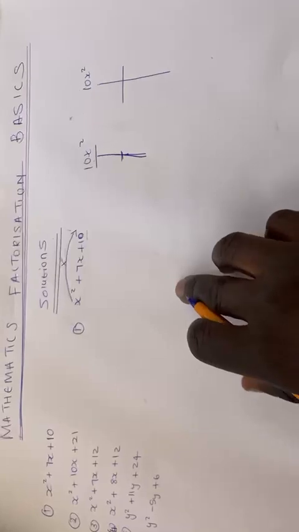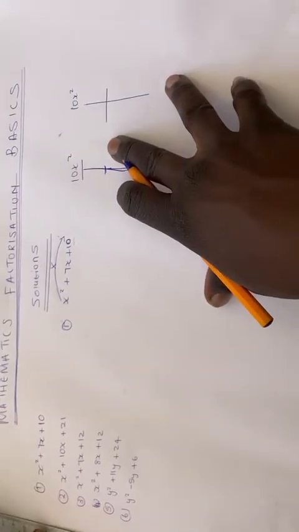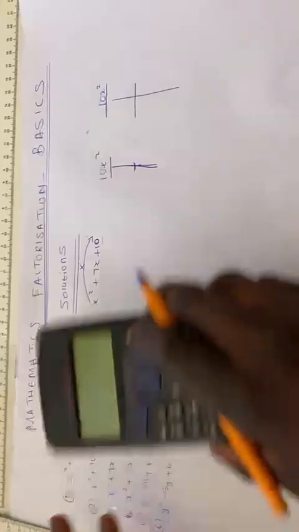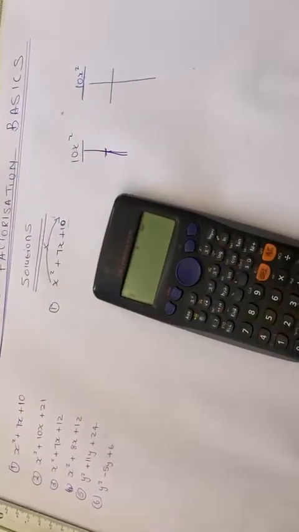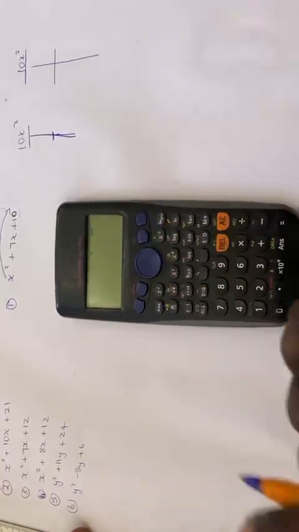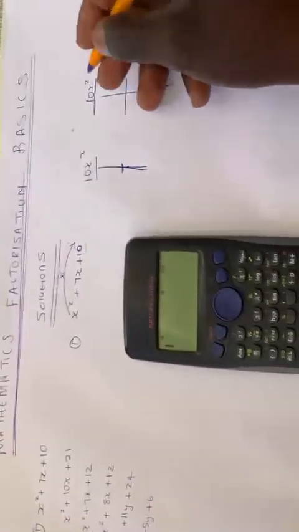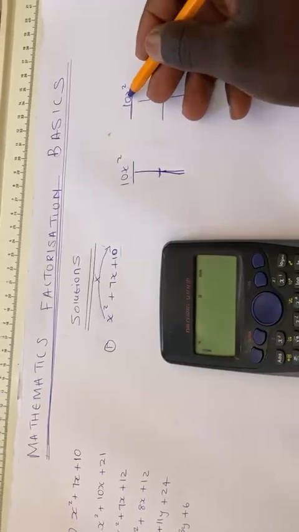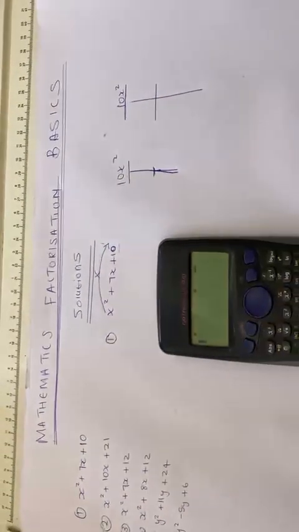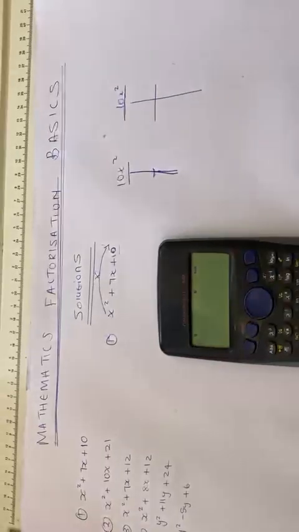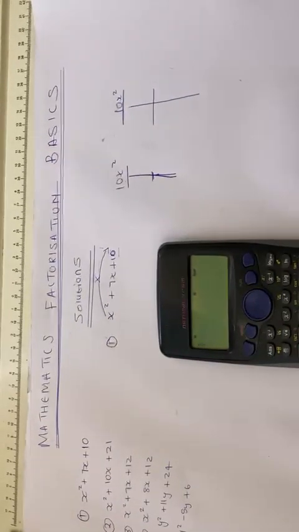Here you are going to use your calculators in order to avoid predicting sometimes. So by the way, you're going to look for the multiples of 10, the numbers that you can divide 10 by with no remainder.